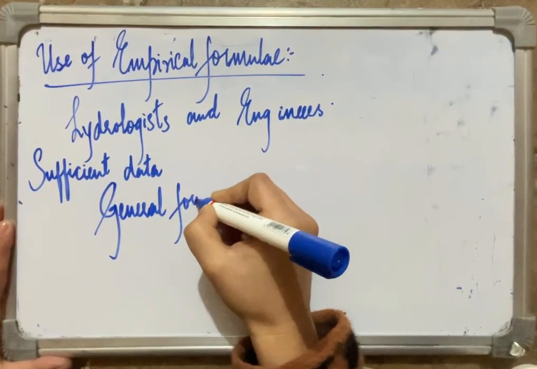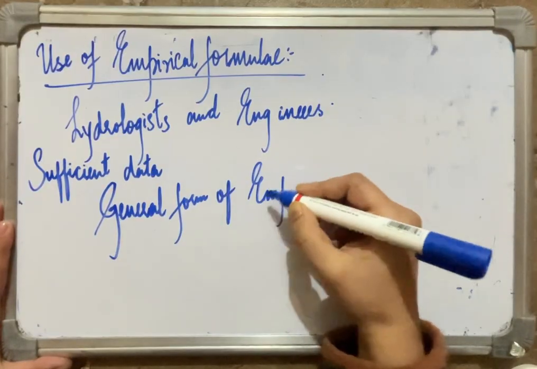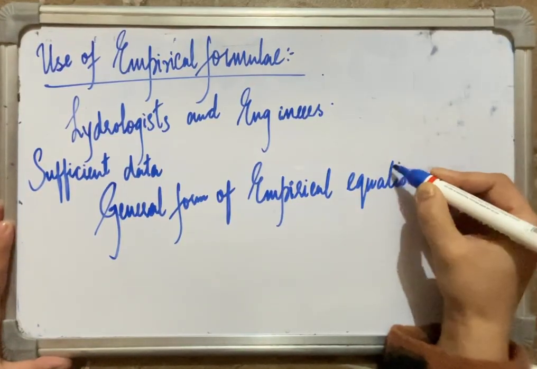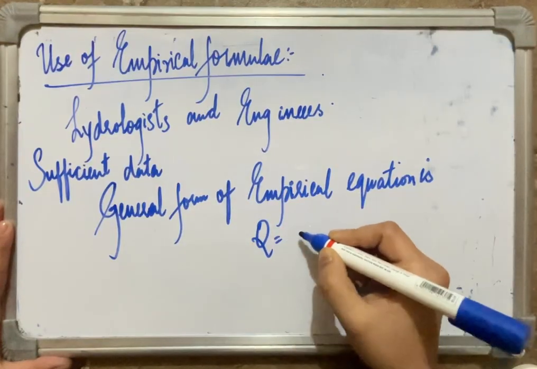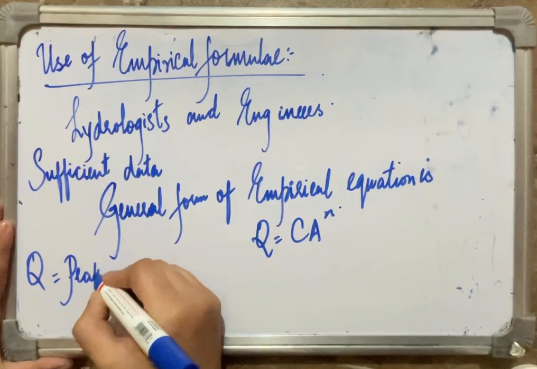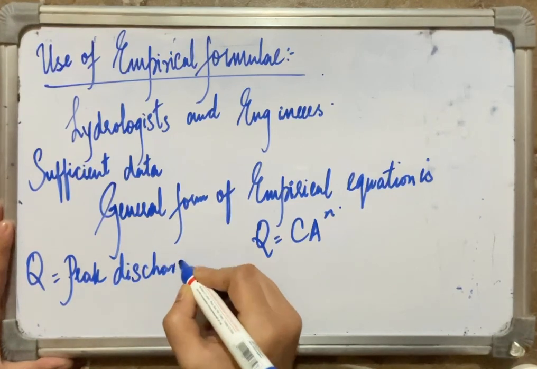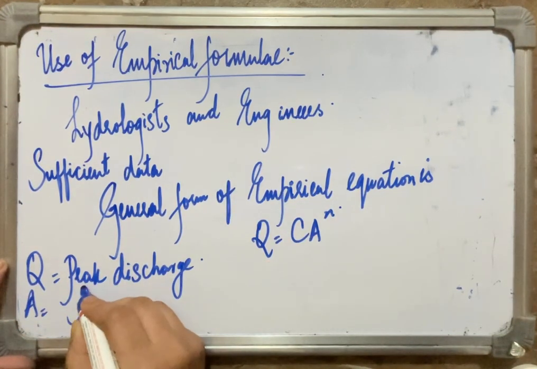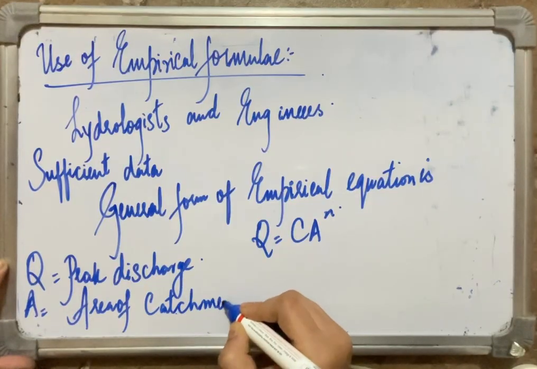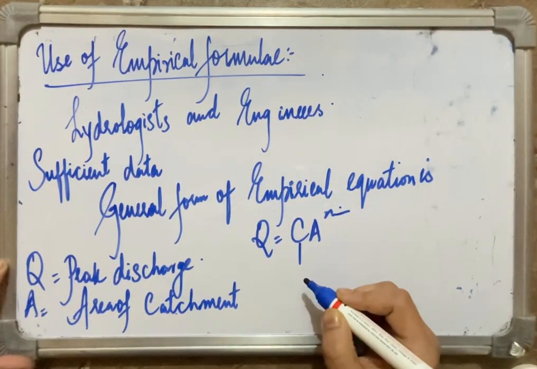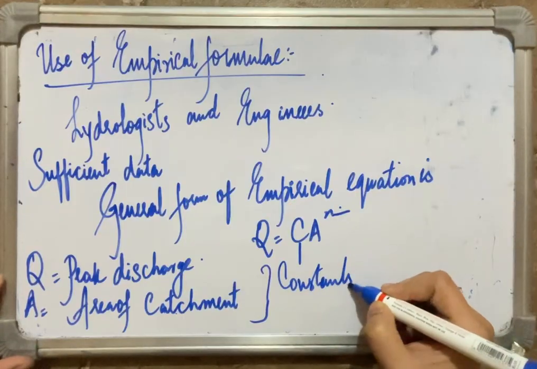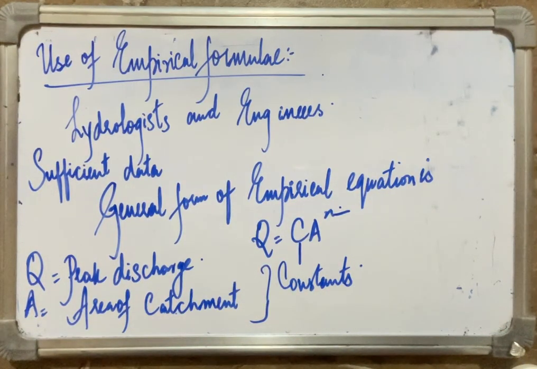The general form of the empirical equation is Q equals C A raised to the power N, where Q is the peak discharge, A is the area of the catchment, and C and N are constants which absorb the storm and the catchment characteristics.